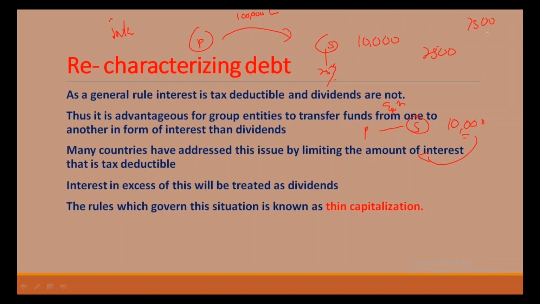So because of that, in any parent subsidiary relationship, the parent will like to give it as a loan and not as equity, because the subsidiary can claim all the interest as an allowable expenditure.